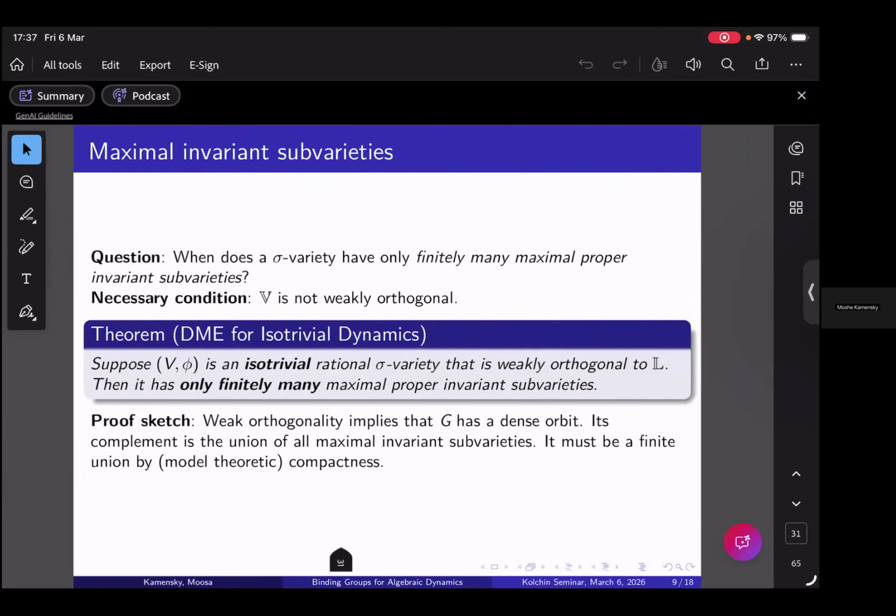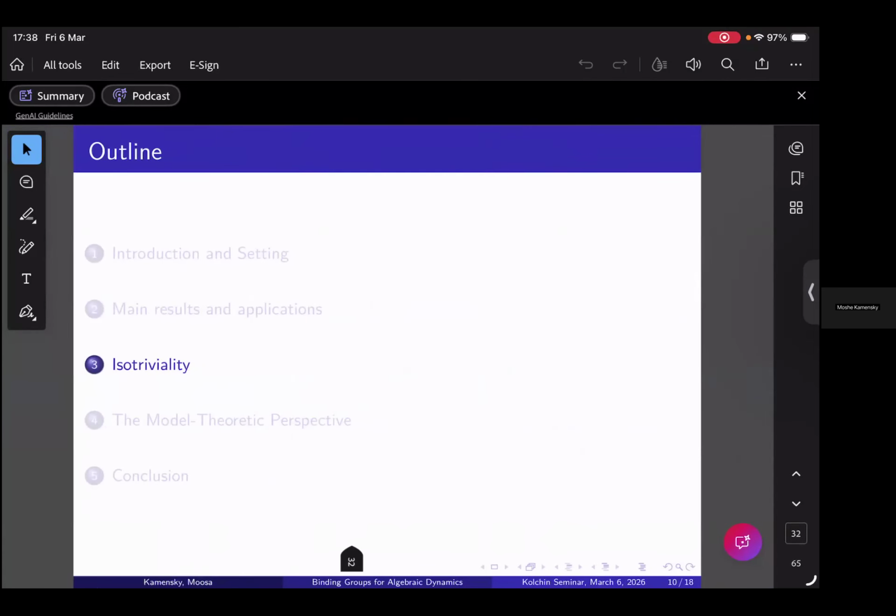There is a sketch of a proof here. It's not complicated, but maybe I'll skip it. So let me just say what isotriviality is.